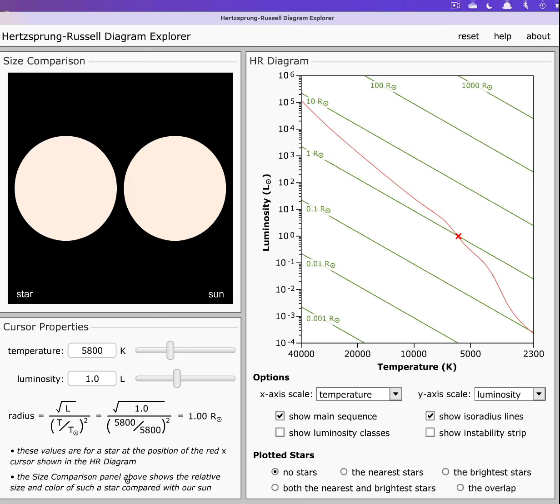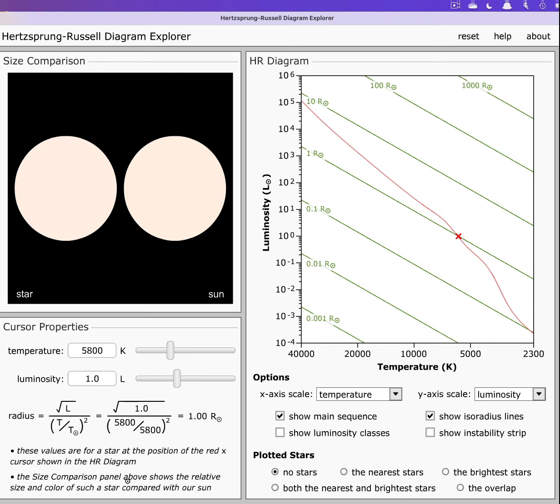Henry Norris Russell and Ejnar Hertzsprung were two astronomers who used Annie Jump Cannon's thinking, and actually Annie Jump Cannon's letters between Ejnar Hertzsprung and her. They actually helped shape this plot that is so common in astronomy.